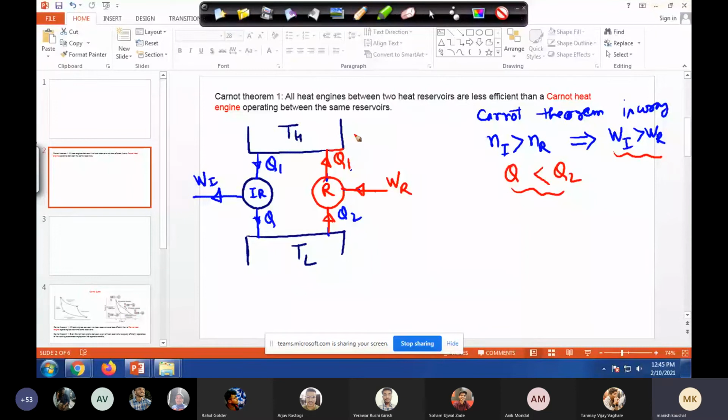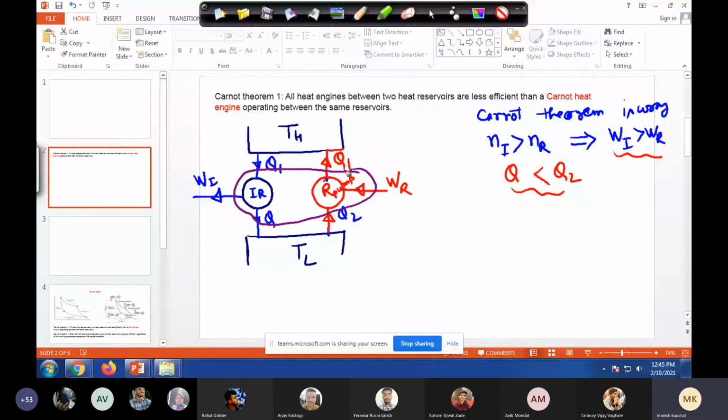Now you can tell me, Nidhi, how much is the net heat interaction with the high temperature source? 0. 1 minus Q. Yeah. So rather than now you can say it R pump. Now I'm combining these two devices and making a new device.